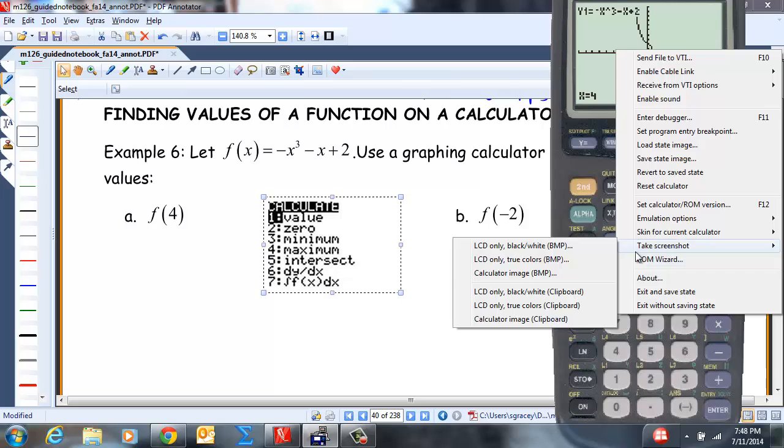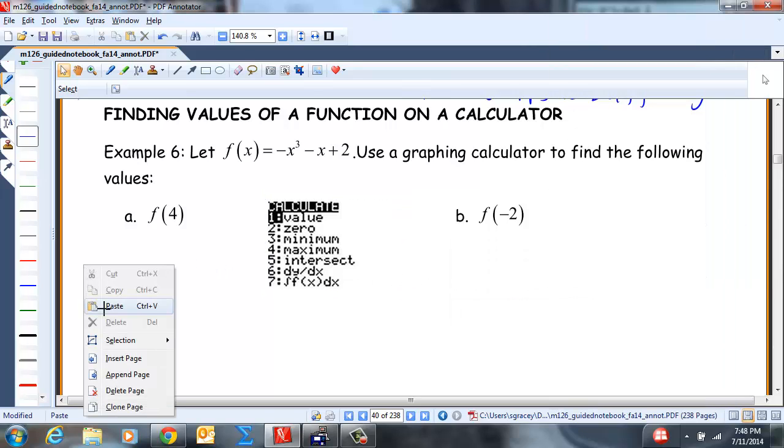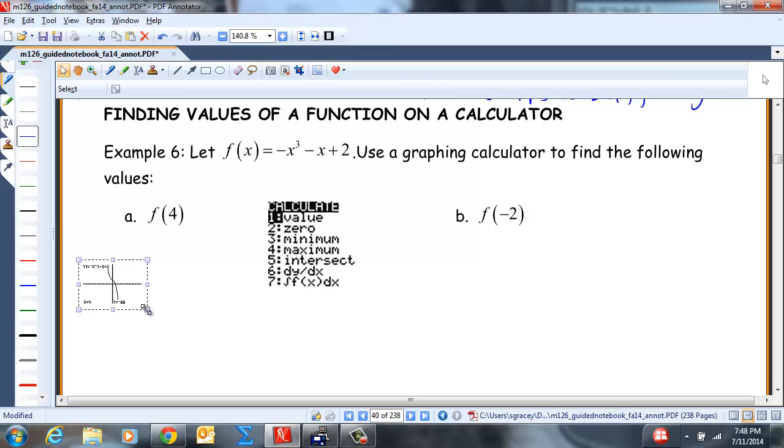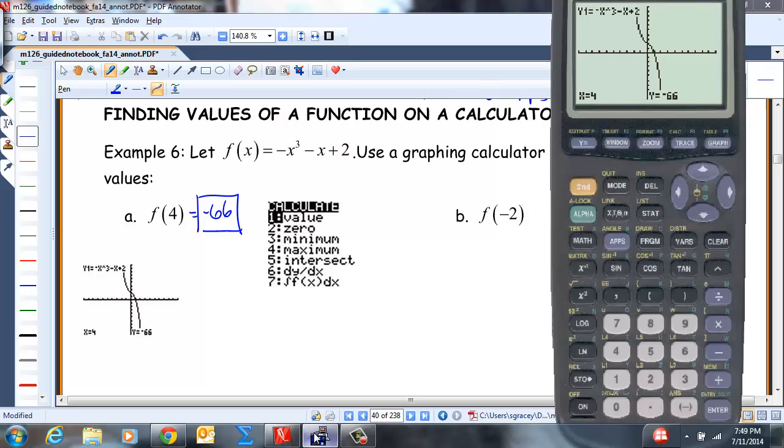I'm going to take a screenshot to show you. So we would say f at 4 is negative 66. And then over here, we don't have to re-enter anything, which is awesome. You just do a new value, negative 2 for x, and hit enter. And we get y is 12.